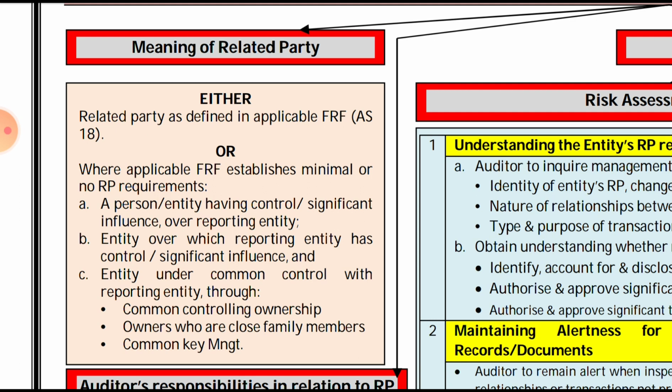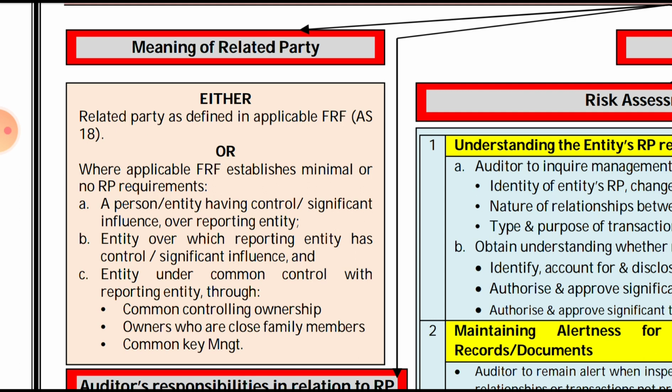So first, a person or entity having control or significant influence over the reporting entity; then the entity over which the reporting entity has control or significant influence; and the entity under common control with the reporting entity. So any entity which is under common control with the reporting entity through common controlling ownership. There is a third entity commonly controlling both entities, so the other two will be related parties.